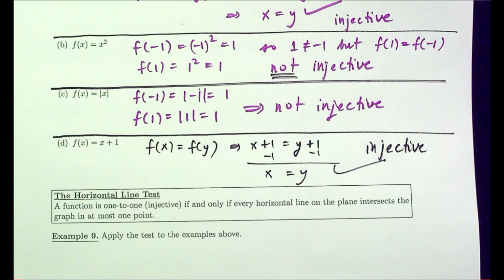If you have the graph or you can visualize the graph, there's a much easier way of figuring out whether something is injective or not, and it is by using the horizontal line test.